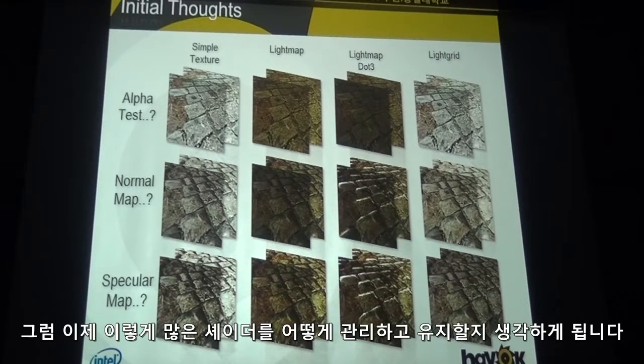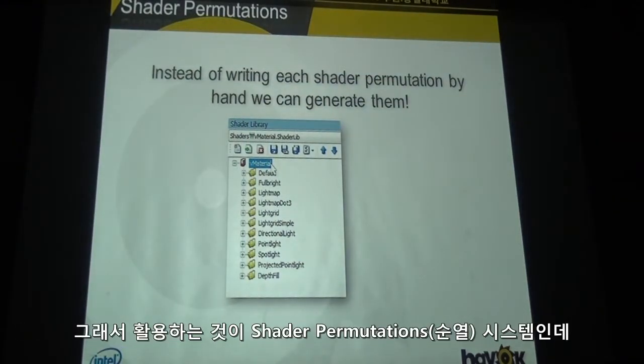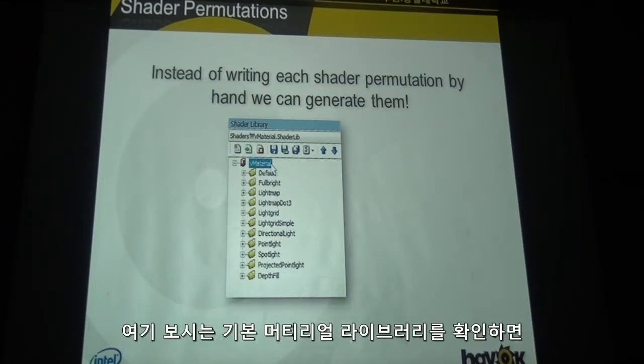So we were thinking about a way to maintain and manage this variety more easily. And what we created is a shader permutation system. That means we can automatically generate these variations out of a single shader. So we write one shader and get multiple at once. Here we can see our default material library.